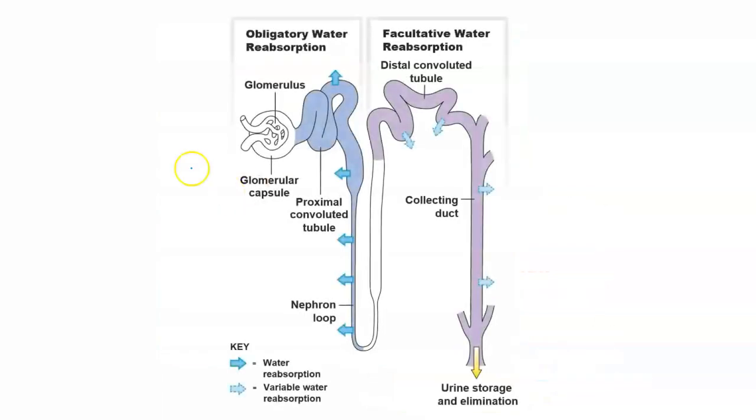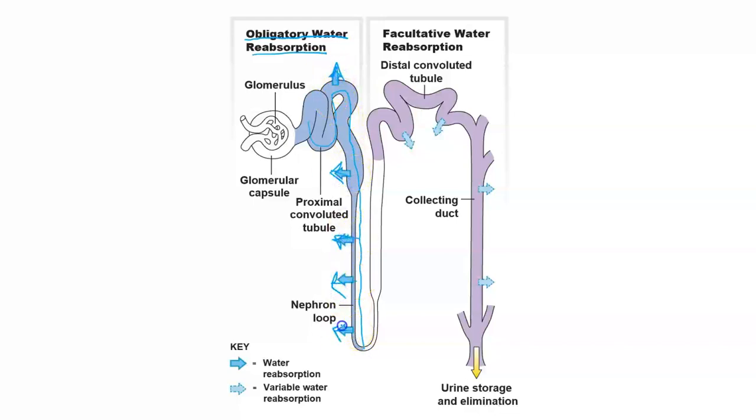Okay, now there are two different ways that water is reabsorbed, and we've just illustrated both of those. So just to summarize, obligatory water reabsorption is what happens in the proximal tubule and the descending limb of the nephron loop. Water is reclaimed at a steady rate.